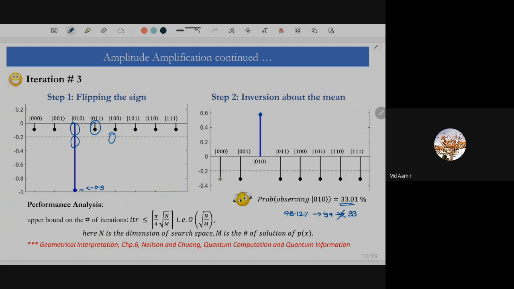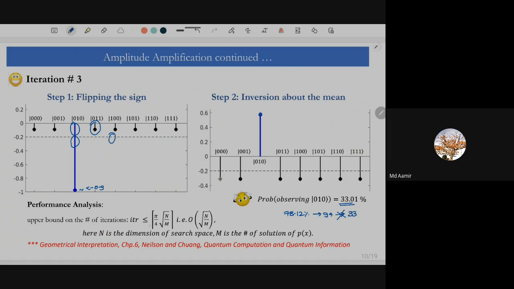So this tells us that we can't perform these steps forever and assume that we can get 99.9% probability of observing this solution 010. There should be some stop limit, and this is what is given here.